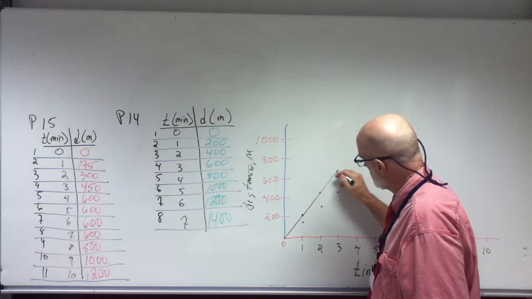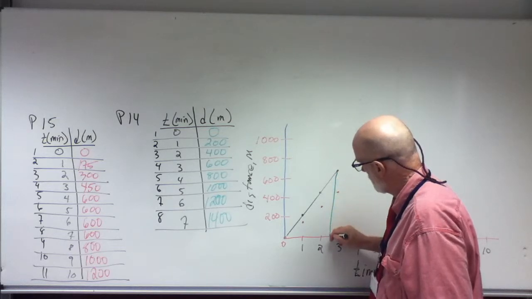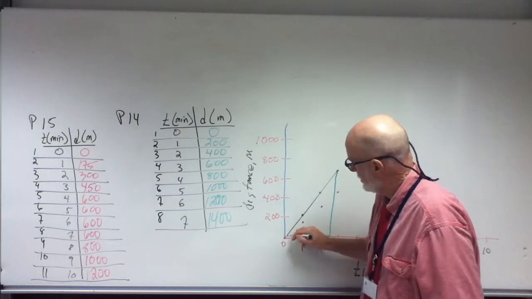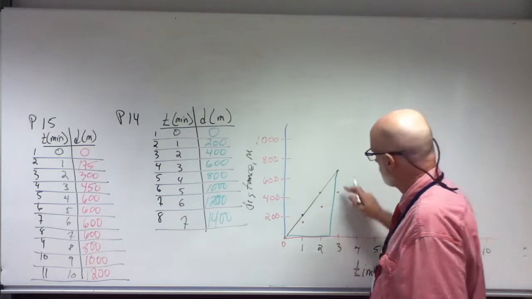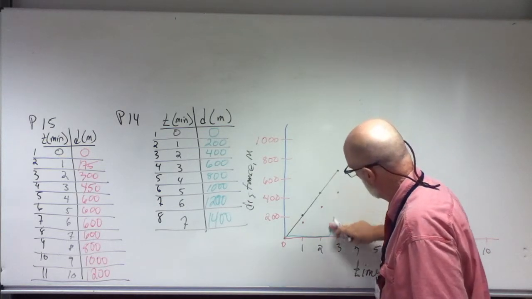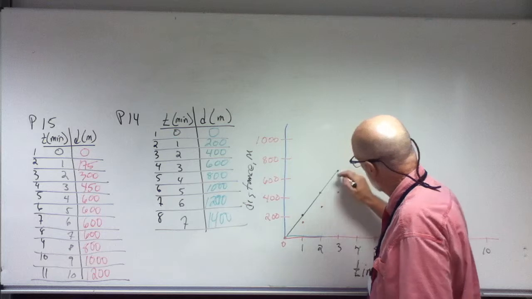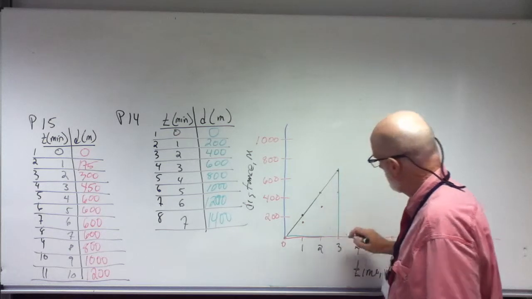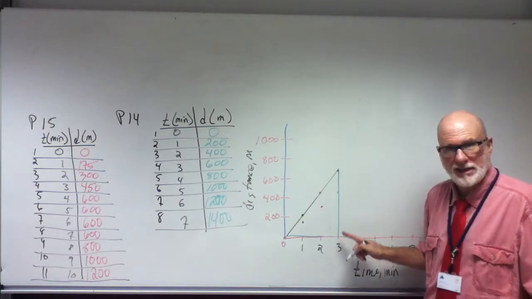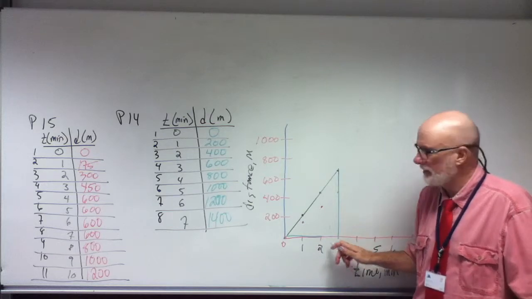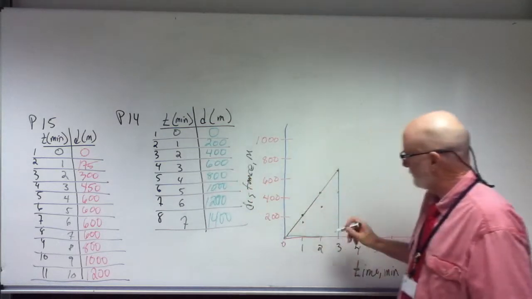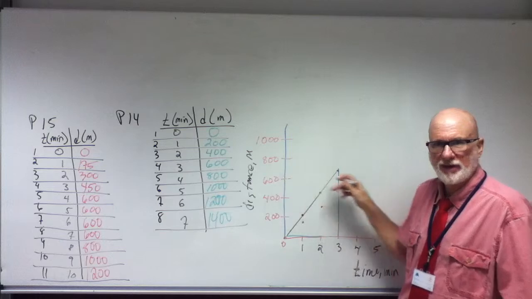So remember we did this. Actually this is not good. That should be 3, because that was the third point, 600. It's not perfect, whatever.